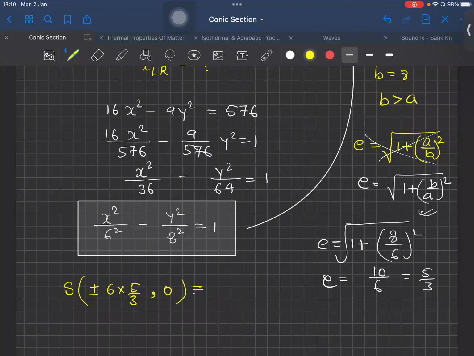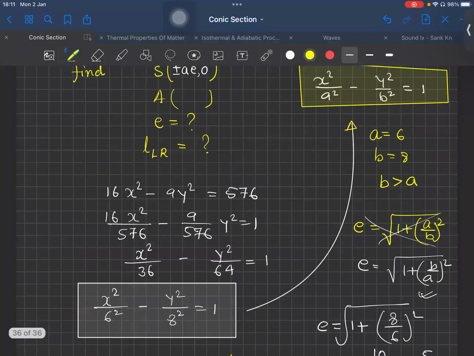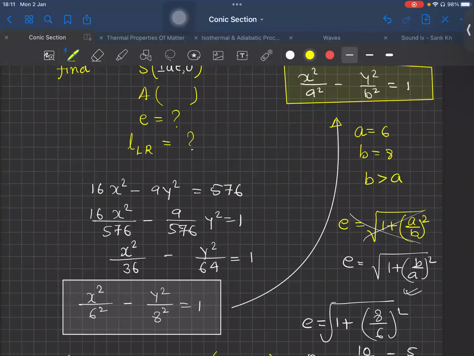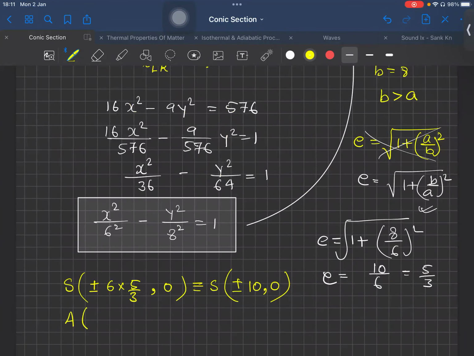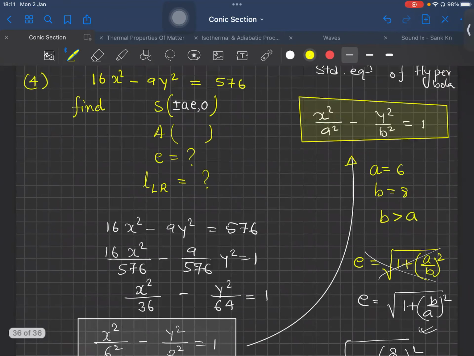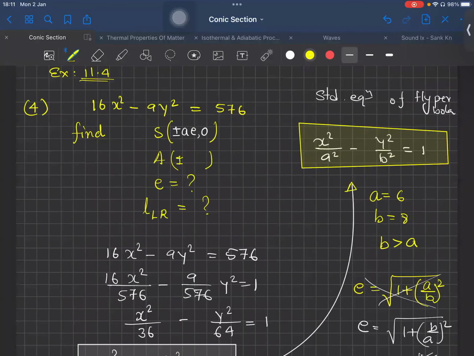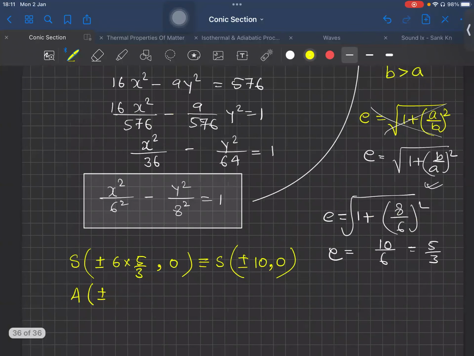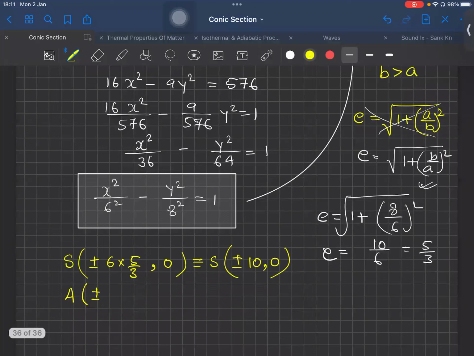How much are you getting? Plus or minus 10, comma 0, right? Now the vertices: plus or minus a, comma 0. a is 6, so the vertices are plus or minus 6, comma 0.